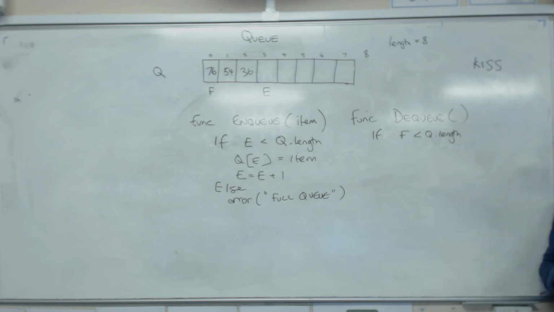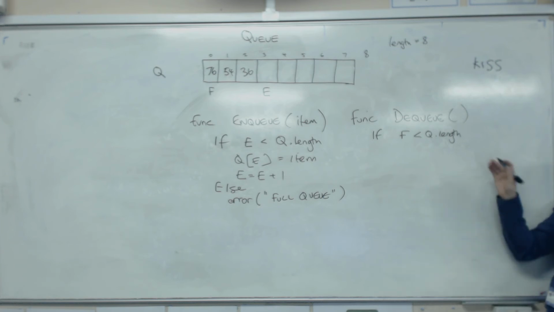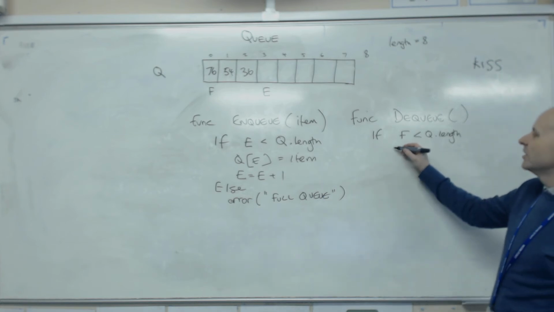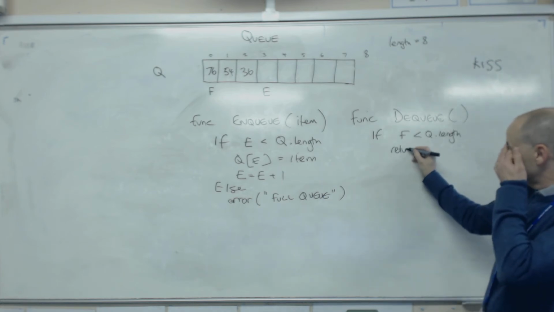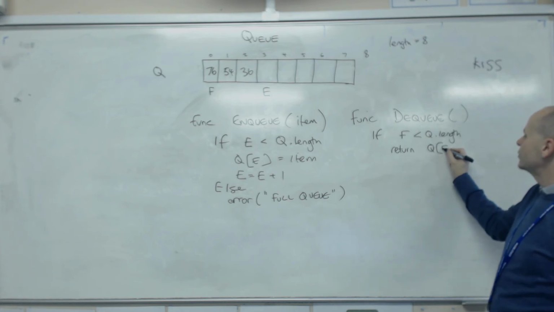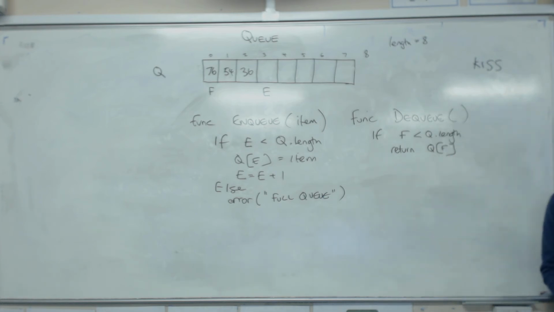If we are okay to read something from it, which is what we're checking for here, then we need to return an item. This is a function. It's going to return an item. So return whatever is at the front pointer.